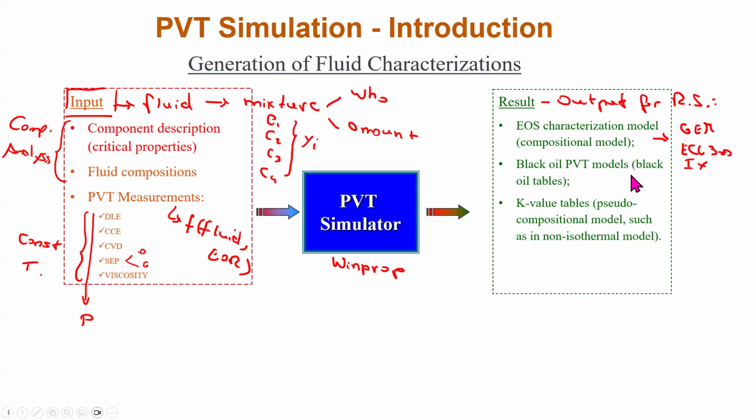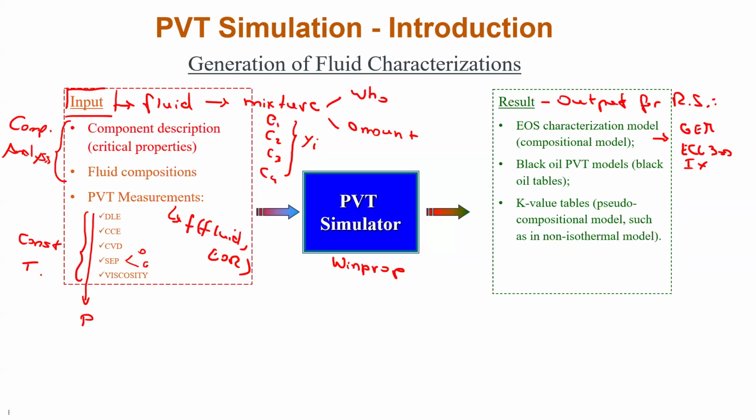It's faster, so it's less time consuming than the compositional model, but the input is different. So in this case, you don't input the equation of state in your model. You input the PVT table, an extrapolated PVT table to reproduce the relationships between volume, pressure, and temperature.